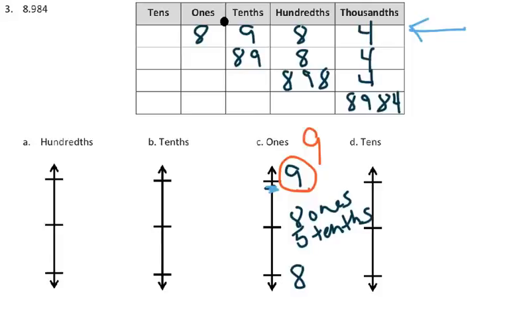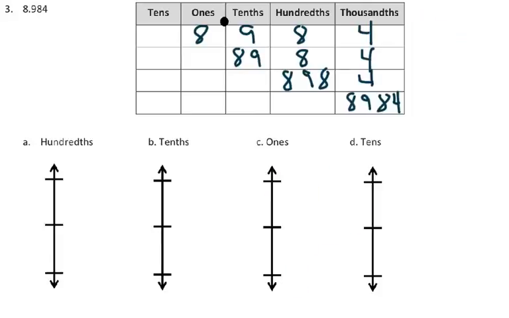Okay, we're going to move on to the tens. Okay, and this one's a little bit trickier. We don't have anything in our tens place, so I know that this is going to be between 0 and 1 ten. So it would be between 0 and 10. Halfway between it would be 5 ones.